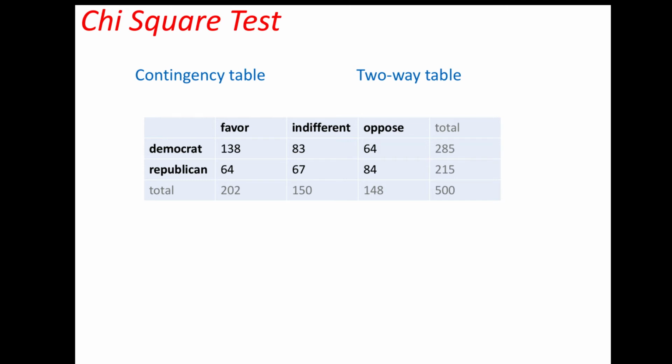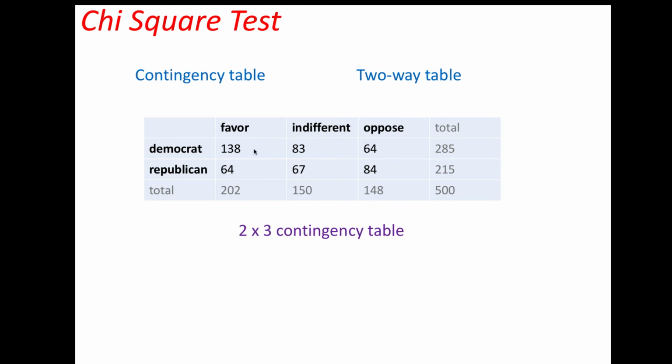So this table here includes data from a random sample of 500 U.S. adults. This is the overall total here, questioned regarding their political affiliation and opinion on a tax reform bill. The size of this particular table is 2 by 3. This is a 2 by 3 contingency table, not a 3 by 4.